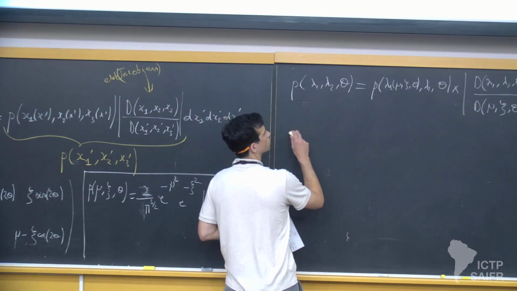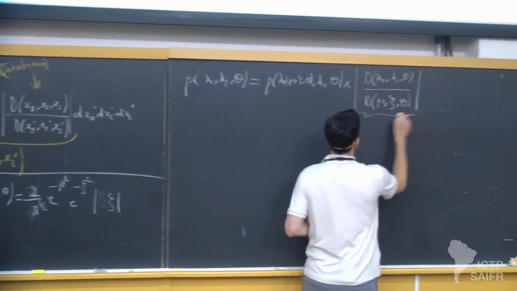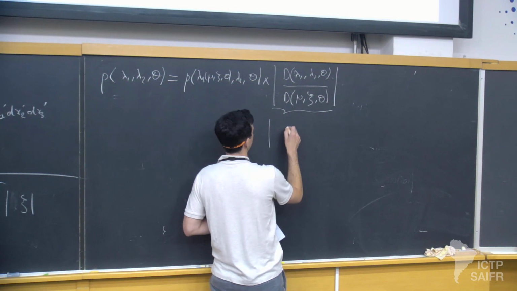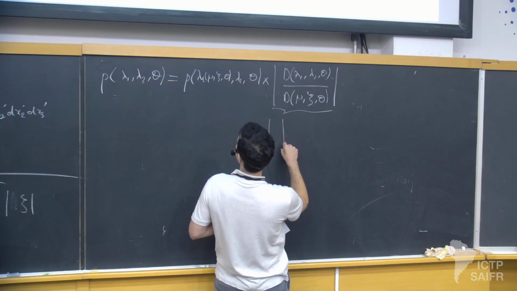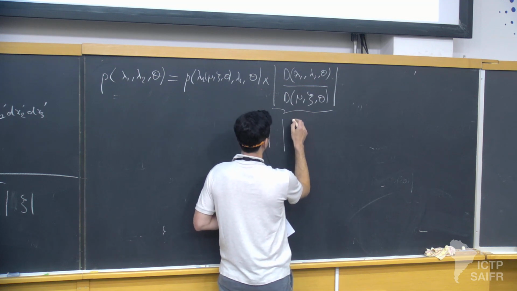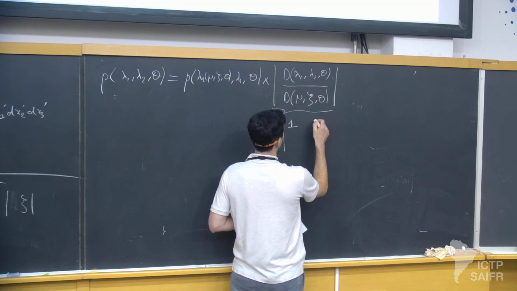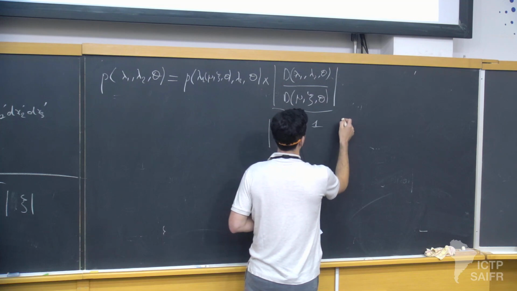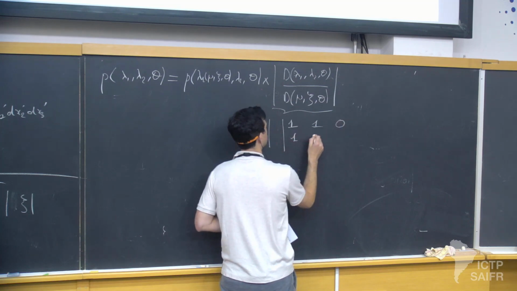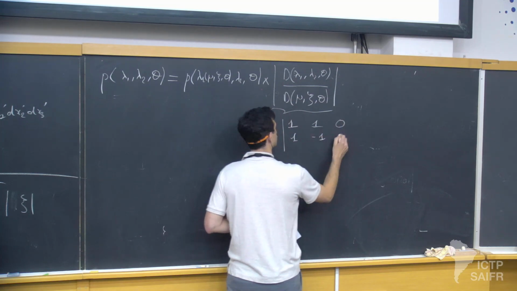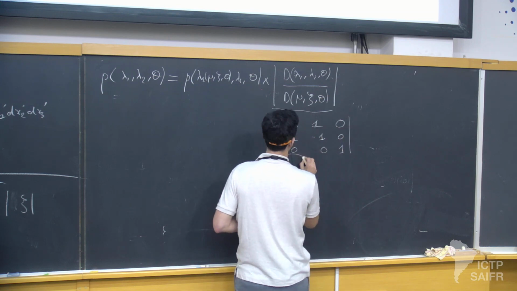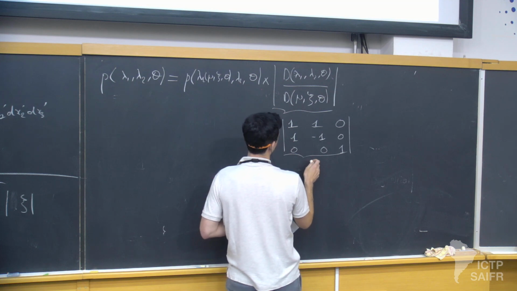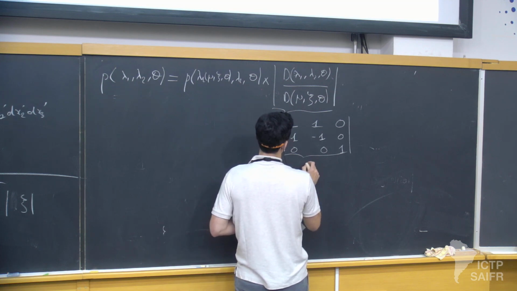So this is going to be equal to the absolute value of the determinant, which is going to be d lambda 1 over d mu, I say it's 1. d lambda 1 over d psi, it's 1. d lambda 1 over d theta, it's 0. And then I have 1, minus 1, 0, 0, 0, 1. So this thing is simply equal to minus 2.